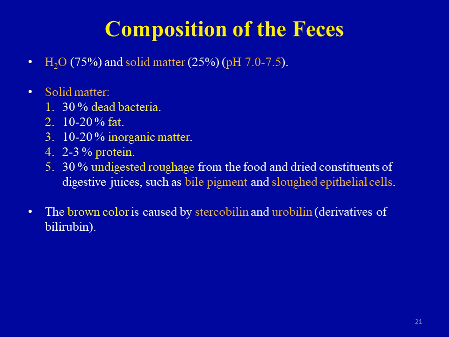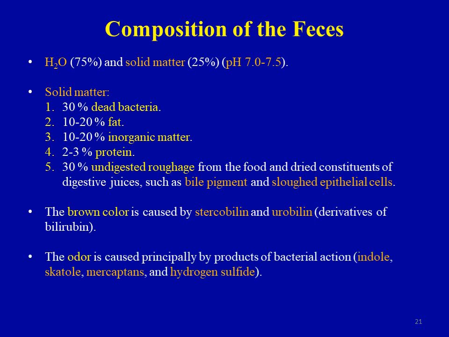The brown color of the fecal material is caused by stercobilin and urobilin, and these are derivatives of bilirubin. You should study them in biochemistry, I guess, and also in the blood lecture in the introduction course. The odor of the feces is caused principally by products of the gut microbiota action, and these products are indole, skatole, mercaptans, and hydrogen sulfide.